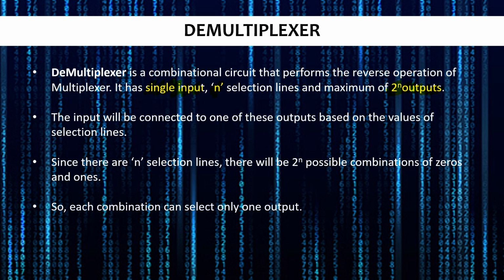Just like in the multiplexer we selected only one input from all the given inputs, here we have to select only one output. The demultiplexer is also called the demux, a short form you may sometimes hear instead of demultiplexer. So this is just a brief introduction to the demultiplexer. We will see more in the next slides.